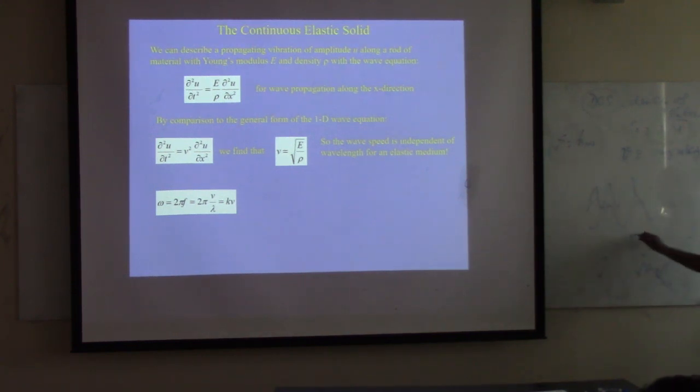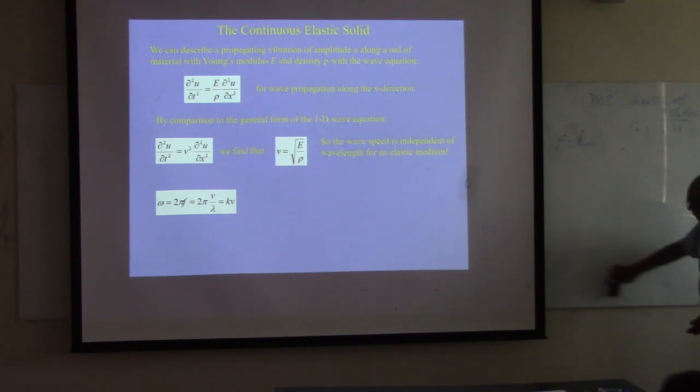The envelope is moving with the group velocity. Then each of these individual waves is moving with what we call the phase velocity. So here, this V is the group velocity.